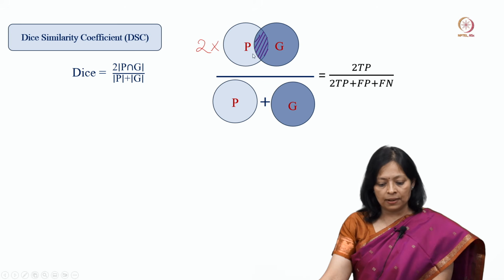So, 2 TP comes like that, and whatever is remaining other than this overlap part, one is my false positive, which is this part of P outside this overlap, and then false negative, which is this part of the ground truth mask outside the overlap region. So, this is about the dice similarity coefficient.